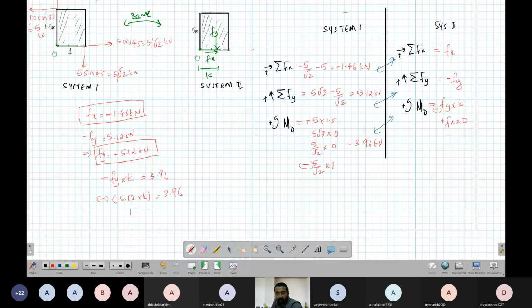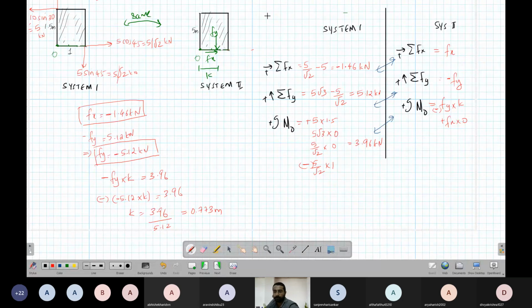This gives k equal to 3.96 divided by 5.12, which is 0.773. So 0.773 meters. This is the distance.